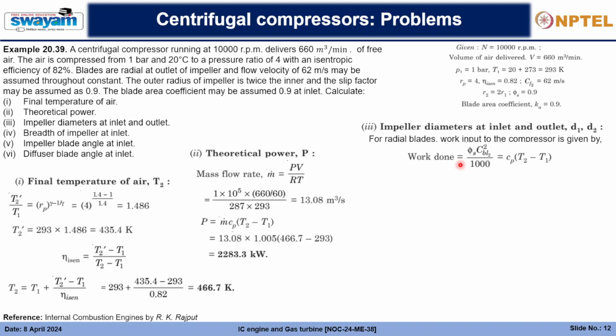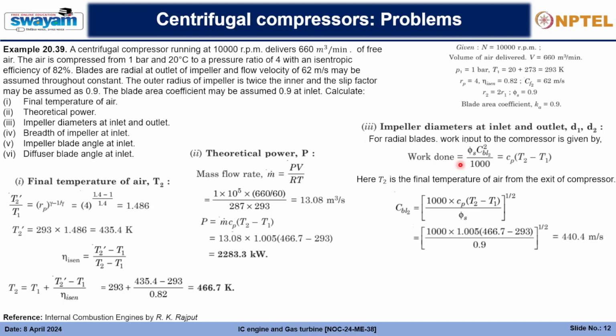That is accounted for by the slip factor. So the work done is equal to phi s into CBL2 square divided by 1000, that is equal to Cp into T2 minus T1, and T2 is the final temperature of the air at the exit of the compressor. We solve for CBL2, which we do not know, and we find CBL2 equals 440.4 meter per second. So that is the blade velocity at the exit of the impeller.